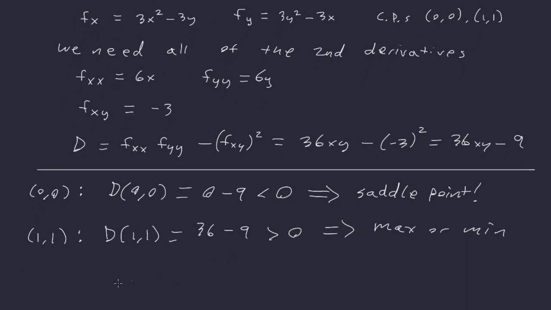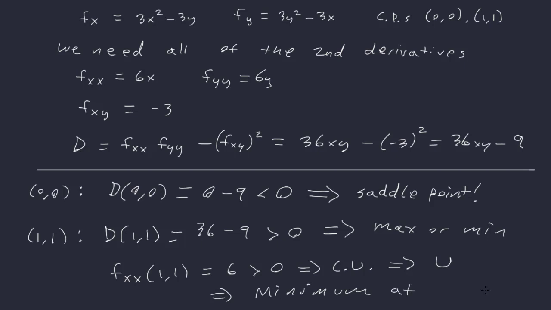It's not going to matter. Either one of them are going to give us 6, which will be positive, which means that we're concave up. That means we're making a U. That means we have a minimum at 1, 1.